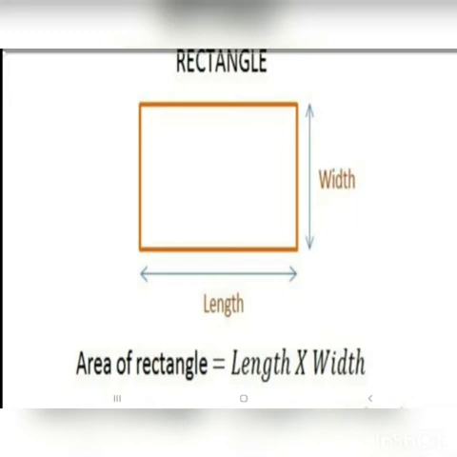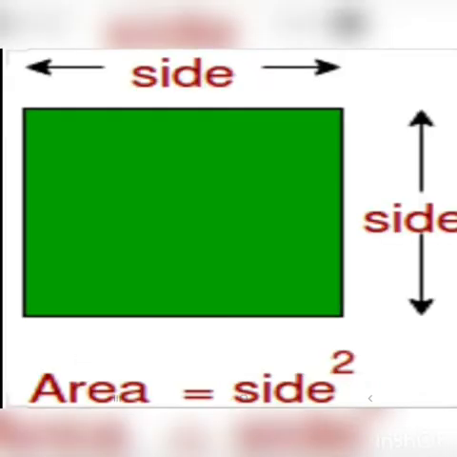Similarly, a square means all sides are equal, isn't it? All the sides will be side, side, side. So the area of a square will be side into side, or in other words, side square. So the expression for area of rectangle is length into breadth, and area of square is side into side.